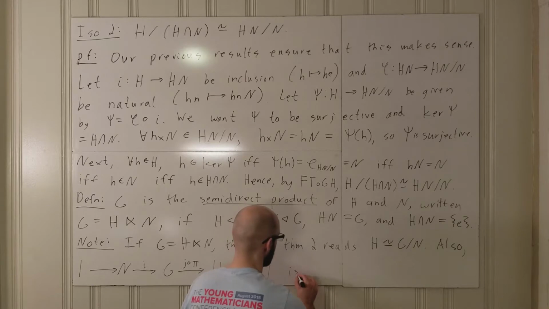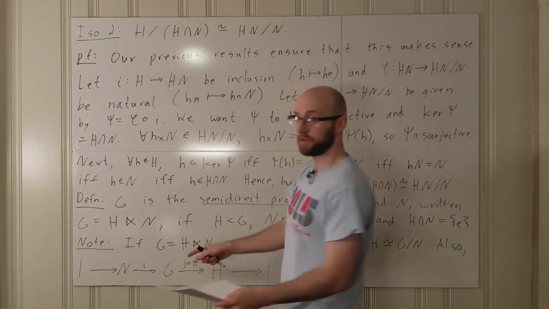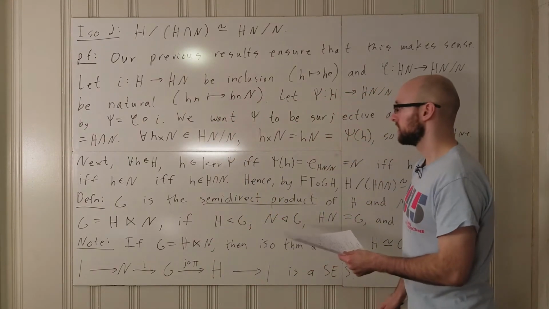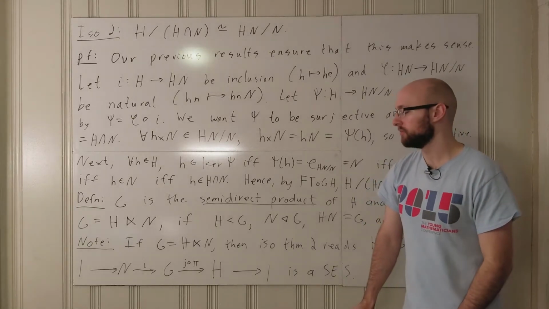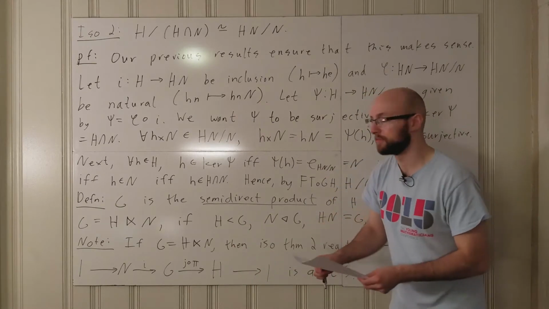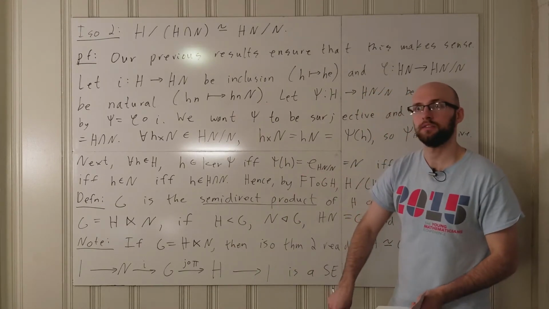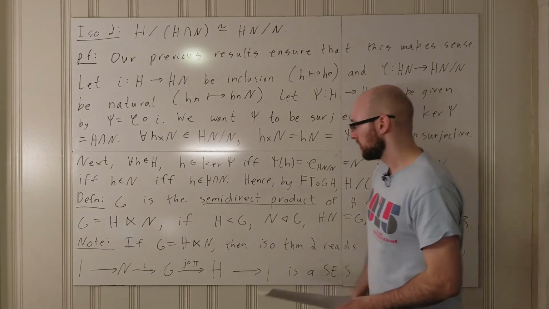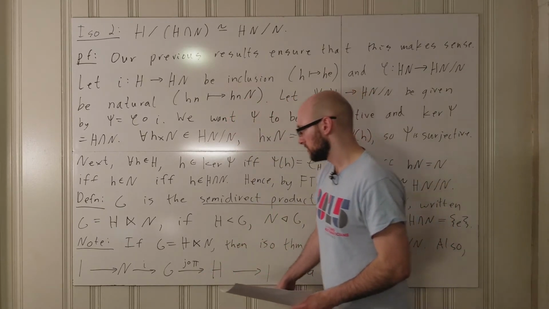So this is a short exact sequence, and let me explain what these things are. i is the inclusion map because we know that N is a subgroup of G, and so we can just map every element of N to itself, and that gives us a homomorphism, and it's injective. Certainly not surjective.